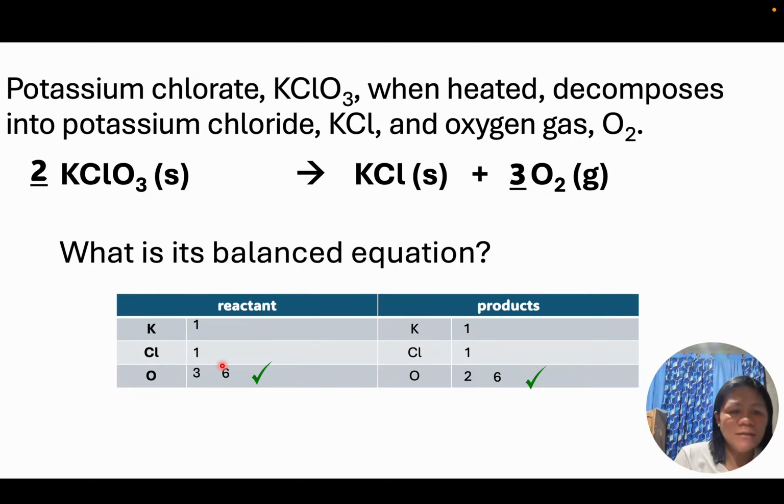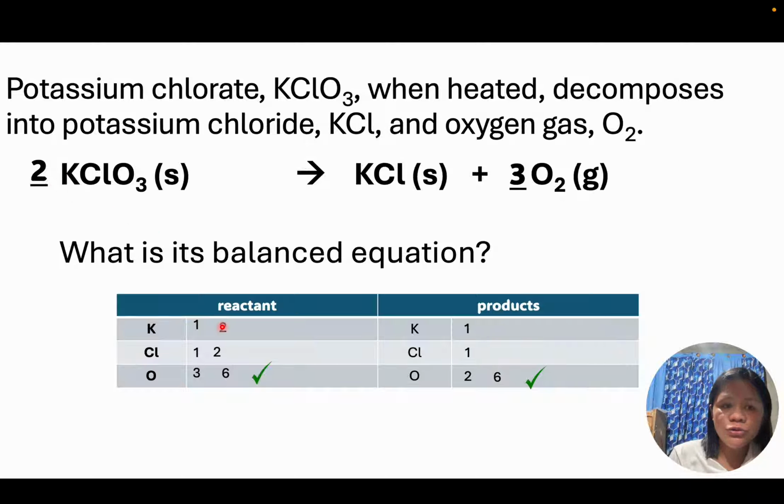But take note, on the reactant side, potassium and chlorine are affected by this coefficient of 2. So 2 times 1, our potassium will become 2, and our chlorine will also become 2. On the product side, potassium and chlorine are still 1. So what should we do? We have to put a number here to multiply with their number of atoms, or their subscript, in order to achieve a balanced equation.